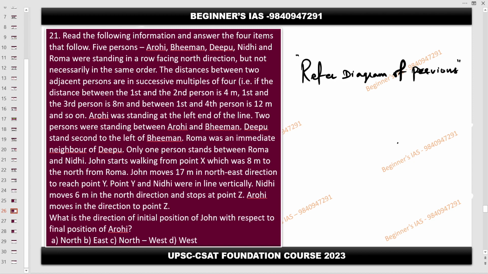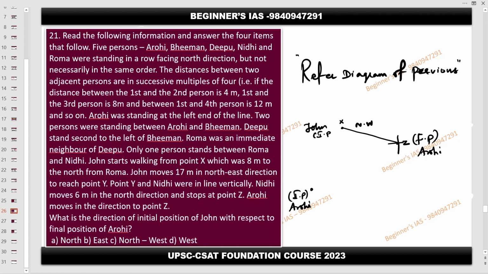Now listen carefully. Arogi is in Z. Then John's initial point is nothing but this one. With respect to the final position of Arogi, listen, actually this is the initial position of Arogi, and this is the final position of Arogi. From this place, what would be the direction of John's initial position?